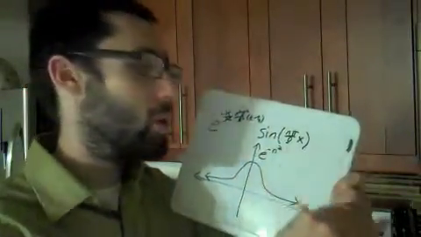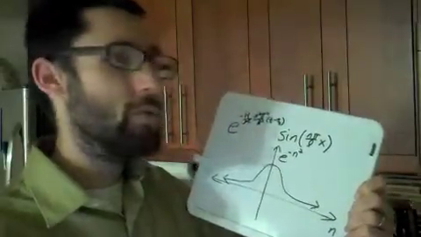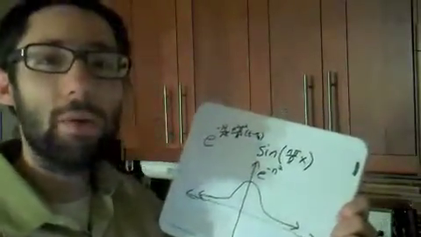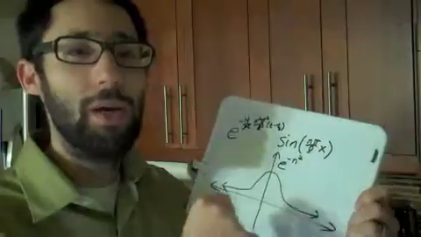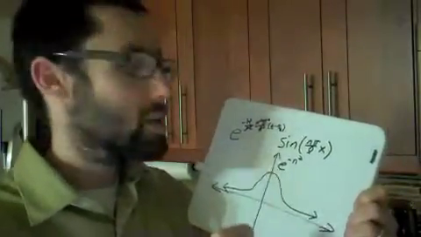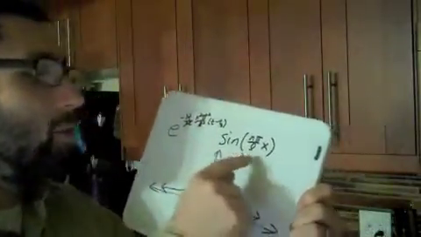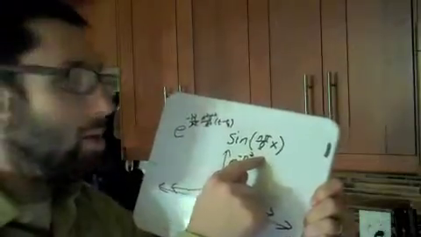And if things are moving rough, we associate that with high frequency, rough meaning like changing a lot. And so high frequencies would mean higher n.